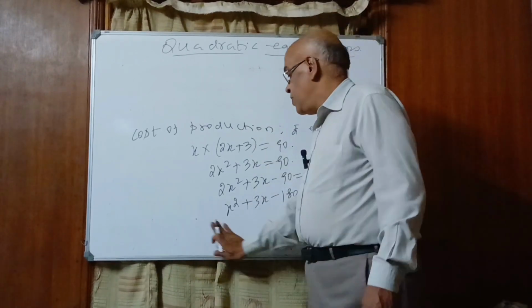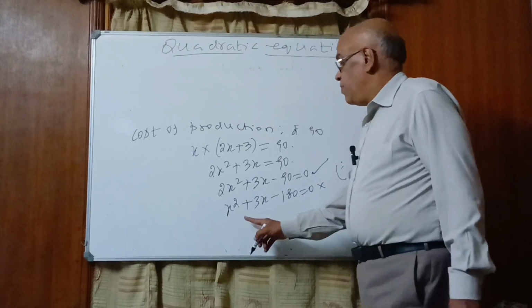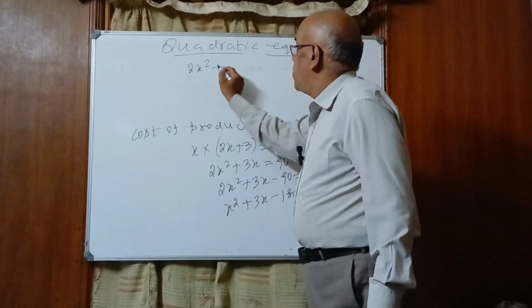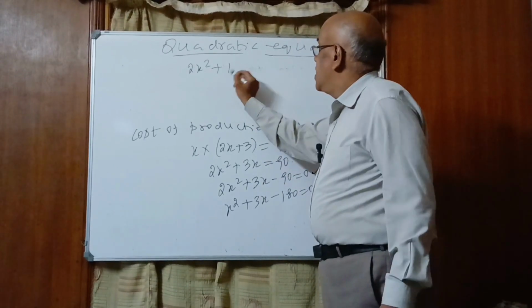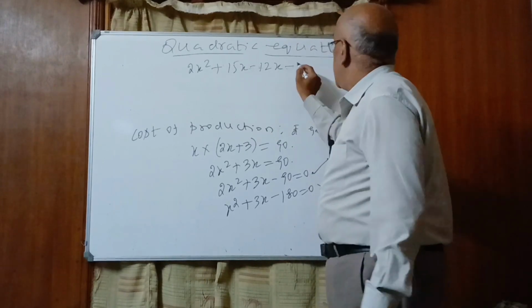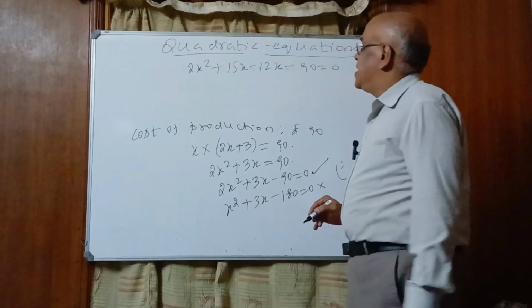That's why pause my video and get all your doubts cleared. Come back, children. Now what is the original equation? 2x square plus, in place of 3x, we will write 15x minus 12x minus 90, children.